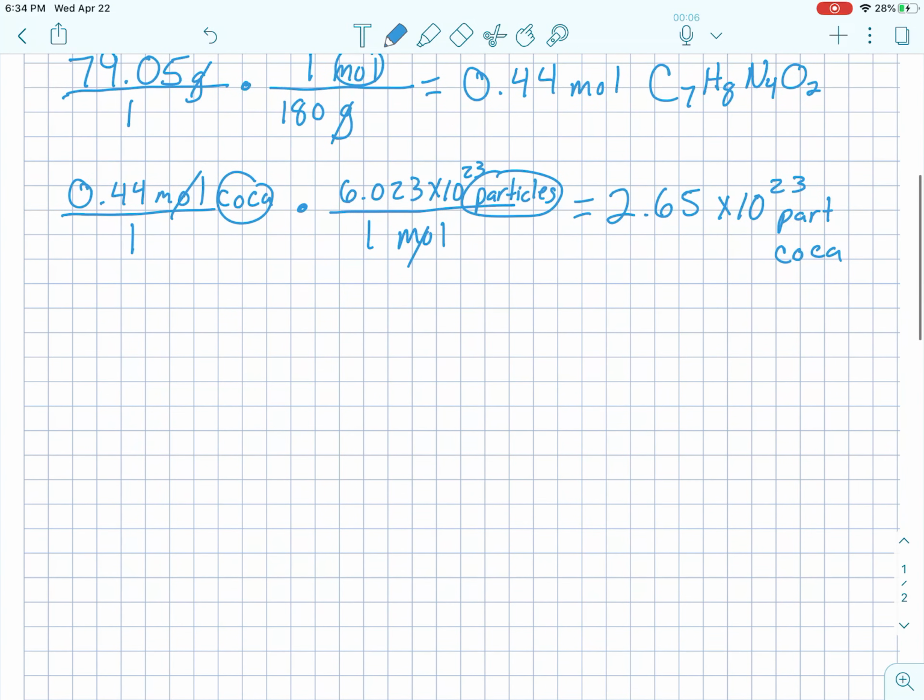So now, what we need to do is we need to get from the particles of the overall, but we know that that's not what we want. I know that I want nitrogen, and there's 4 nitrogens for every 1 coca particle. And that sounds like a conversion factor to me. So once again, take what we're given, which is what we ended with, times 10 to the 23rd.